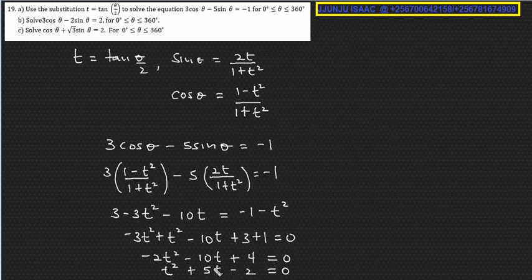So now we need to find t. t will be equal to -b, plus or minus the root of b squared minus 4ac, divided by 2a. Now our a is going to be 1, our b is 5, and our c is -2.